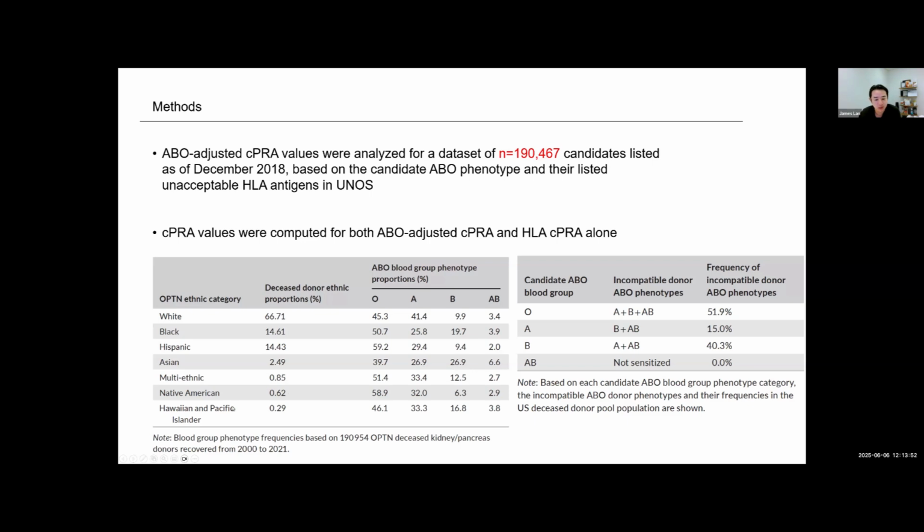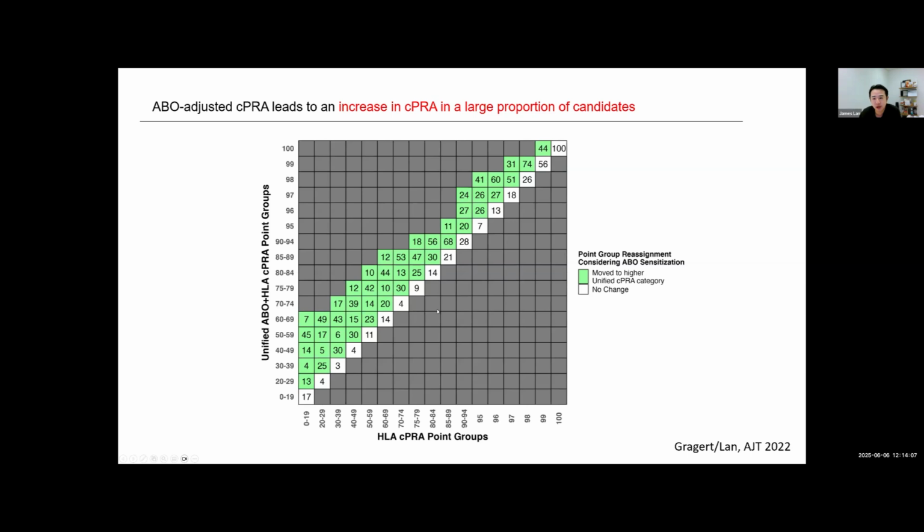And for the indigenous population, at least in the United States, that's a little bit different. In Canada, it's actually different from what I have as well. So depending on the patient blood type, their level of genetic adjustment will be different. And then we apply that to all the waitlisted patients in the United States.